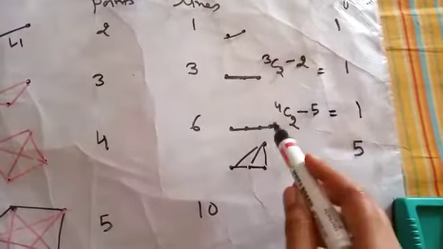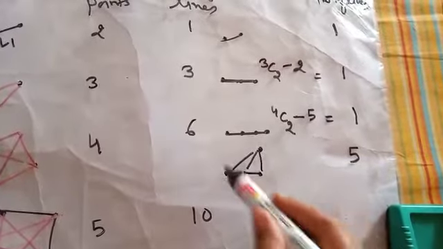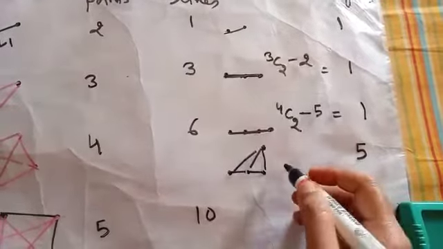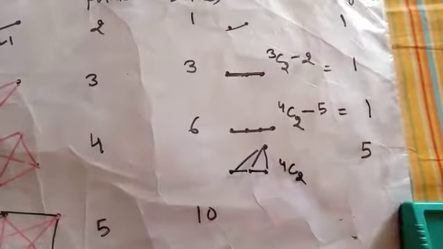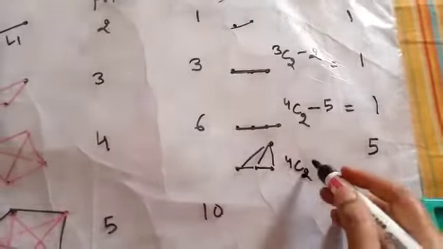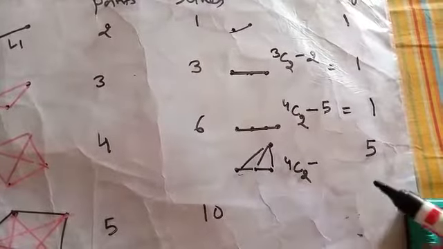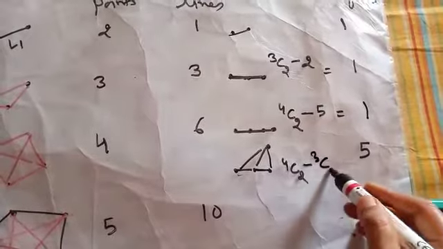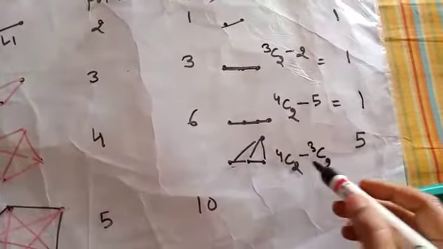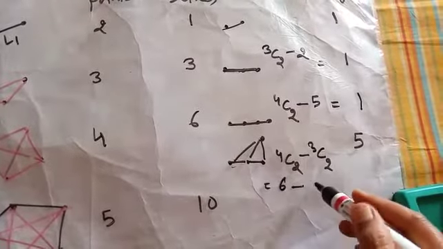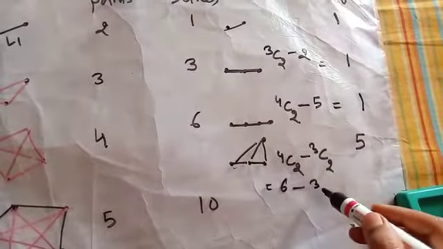Now if instead of all 4 together we have 3 points collinear, then what will we have to do? 4C2 minus, we have how many points collinear? 3 points collinear. So if I subtract 3C2, then what will happen? 4C2 is how much? 6. Minus 3C2 is how much? 3. So I have got 3.